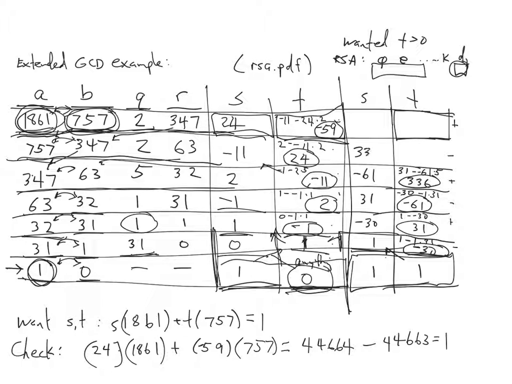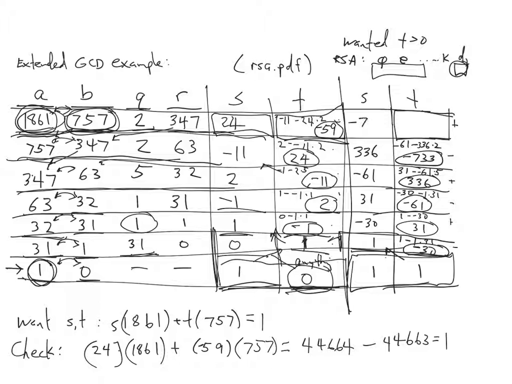We're almost there, so bear with me. 336 will be minus 61 minus 336 times 2. So 336 times 2 is 672. Plus 61, so it'll be minus 733. All right, we're so close to the top, I'm not going to check that one.